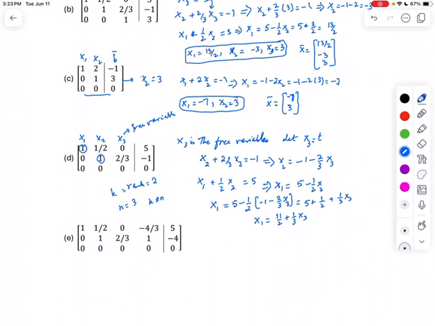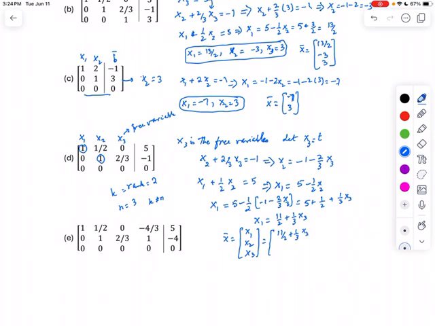So now writing the solution. I'll put them in order, or put them in a vector. I'll show you how to write it as a vector. So x bar, you write x1 and x2, x3, right? So what is x1?